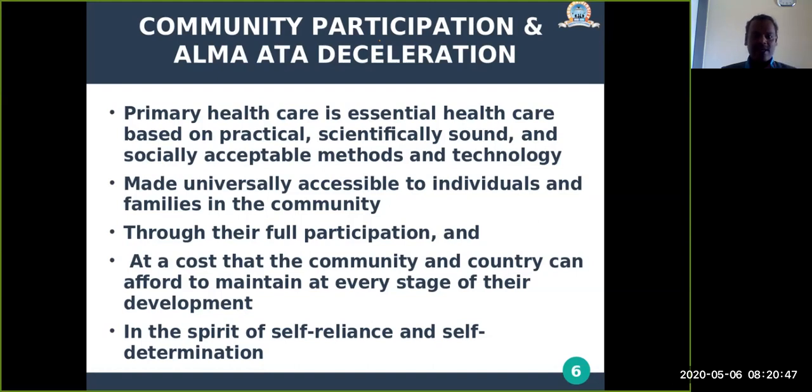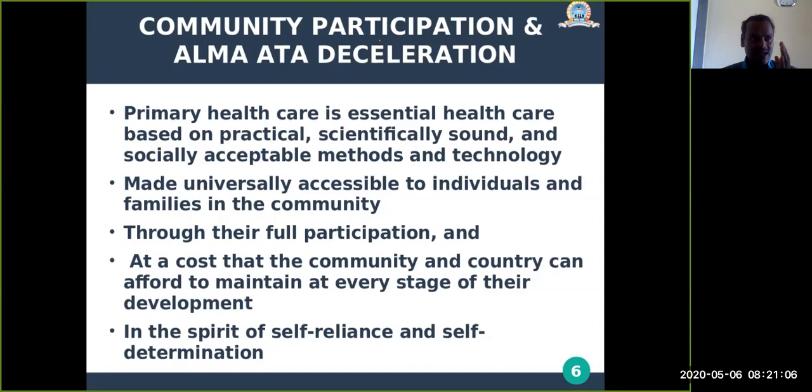This primary healthcare is supposed to be implemented through the fullest participation of the community, and at a cost that the community and country can afford to maintain at every stage of their development.